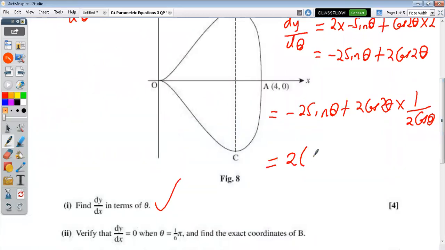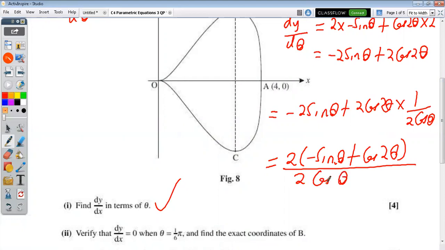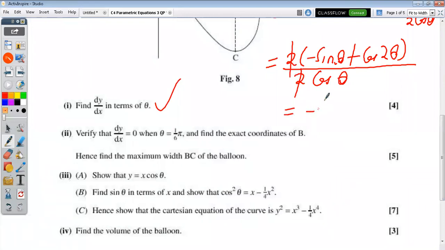So 2 brackets negative sine theta plus cos 2 theta on the top, divided by 2 cos theta. That cancels, that cancels. Clear? Then we have minus sine theta plus cos 2 theta divided by cos theta. Does that make sense? Yes, sir. That's what we do.